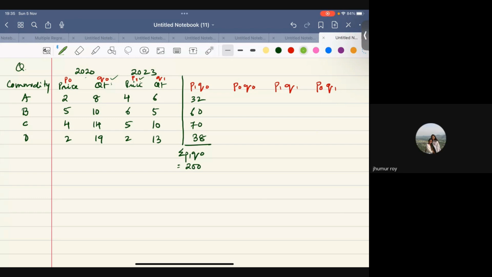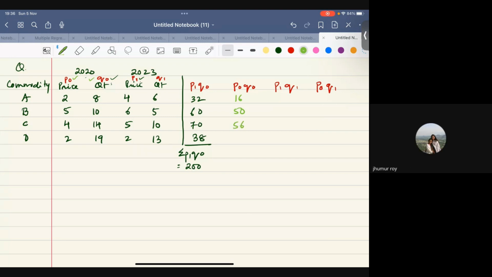Now next we are going to multiply P0 into Q0. So that is 2 into 8, 16. Then 5 into 10, 50. Then 4 into 14, 56.